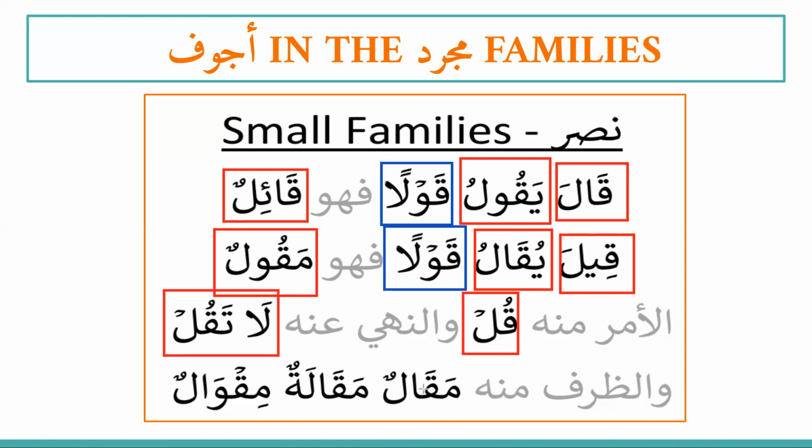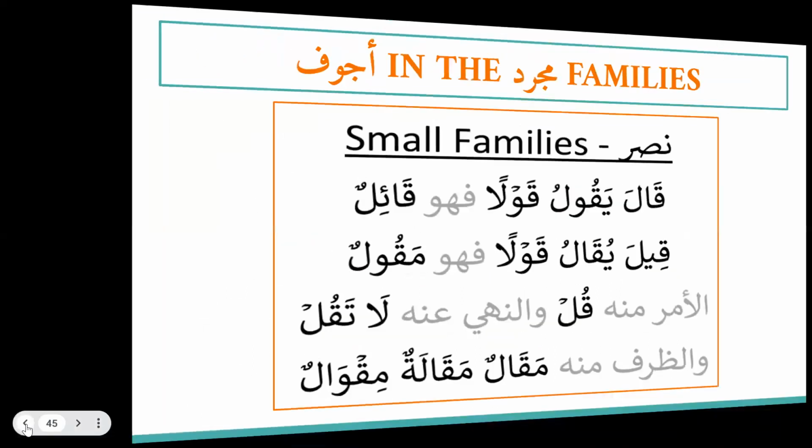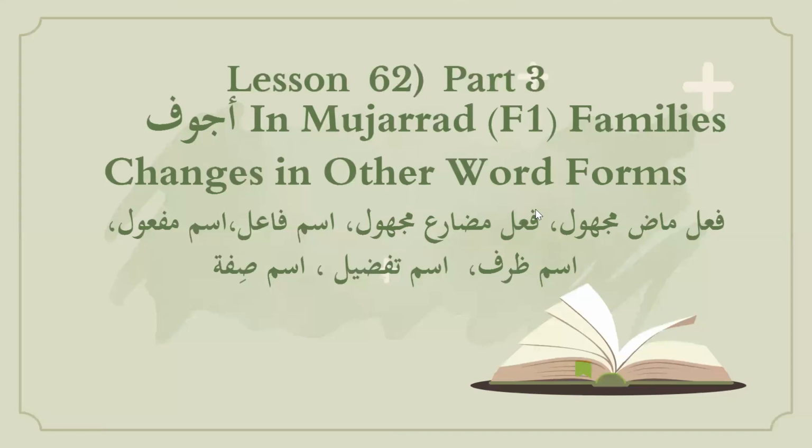And then we are going to study the zarf, ism tafdeel and ism sifa, inshallah. So today's topic is studying changes in other word forms when ajwaf comes in mujarrad families: فعل ماضي مجهول, فعل مضارع, اسم فاعل, اسم مفعول, اسم ظرف, اسم تفضيل, and اسم صفة patterns.